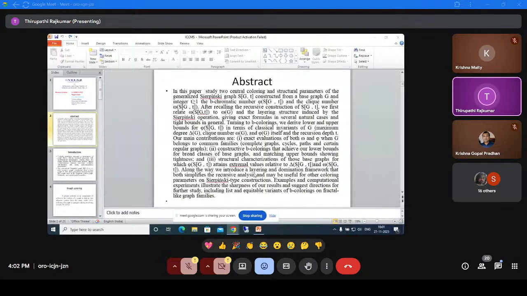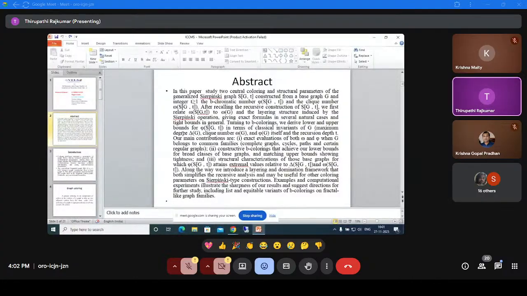Along the way, we introduce a layering-domination framework that both simplifies the recursive analysis and may be useful for other coloring parameters on Sierpinski-type constructions. Examples and computational experiments illustrate the sharpness of our results and suggest directions for further study, including the b-chromatic value and b-coloring of fractal-like families.